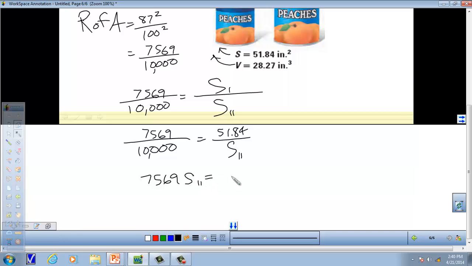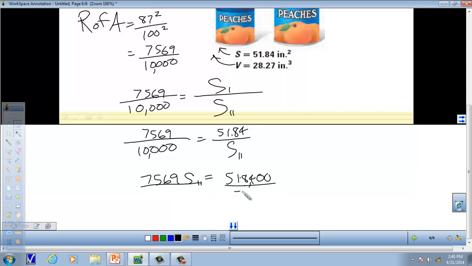And the other side, we would move this over 4 decimal places. So it would be 51,840 if I moved it over. Whoops, sorry, that's incorrect. 1, 2, 3, 4. So it would be 518,400.